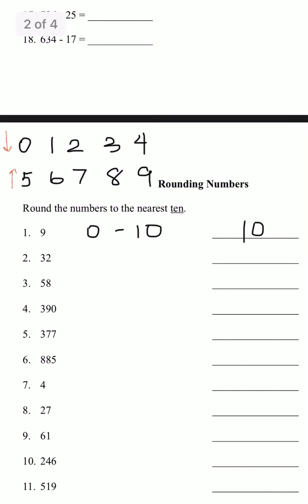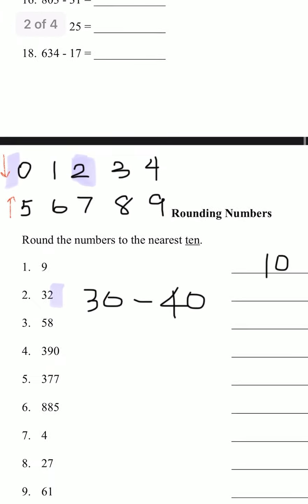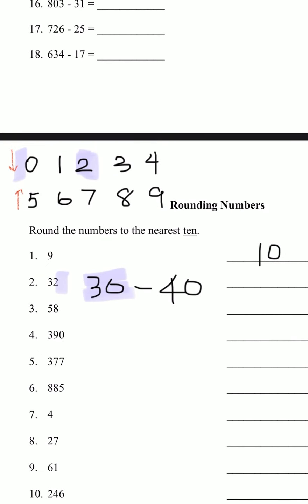Now let's try number 2. We have 32. 32 is between 30 to 40. Our first digit is a 2 over here, so we're rounding it down. If we're rounding it down, then it's going to be 30, right?